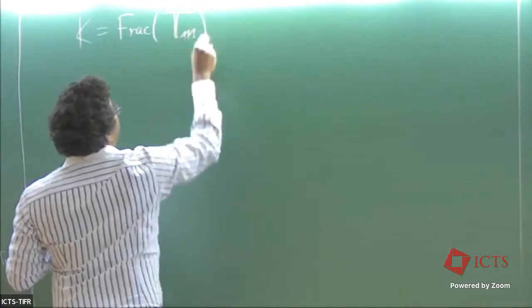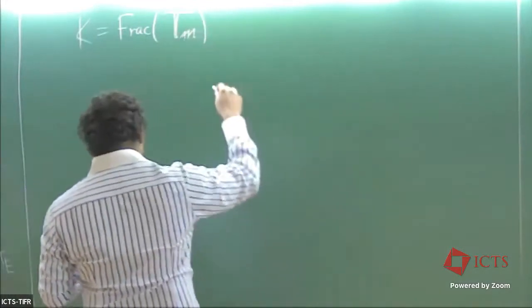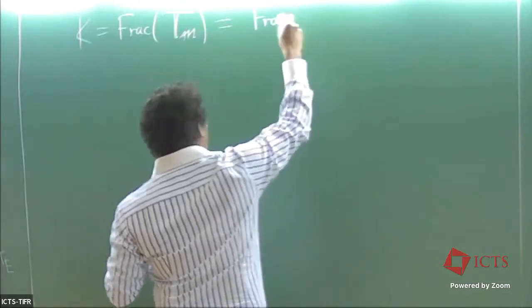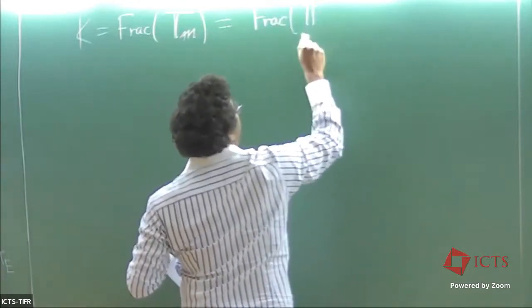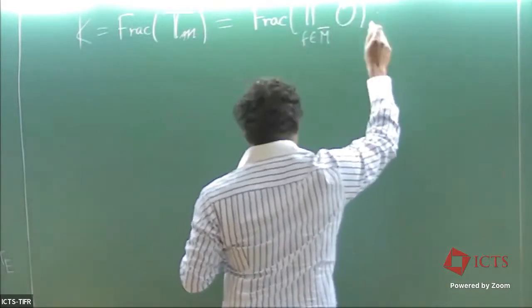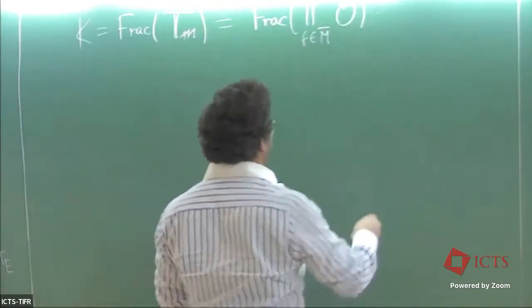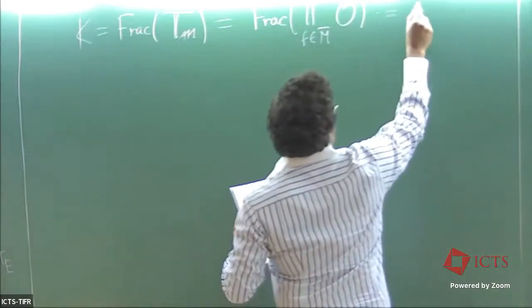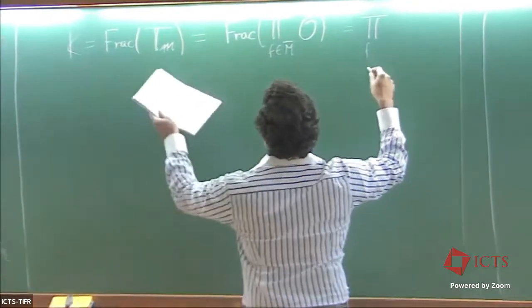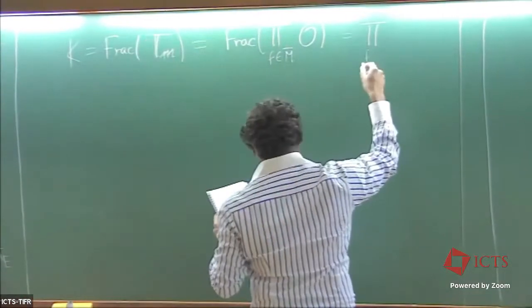So this is the total ring of fractions of T, and this thing is just the same as the total ring of fractions of this. So it's just a bunch of copies of E. So E you can take to be large enough, and then you can tensor your Hecke algebra with that, right?